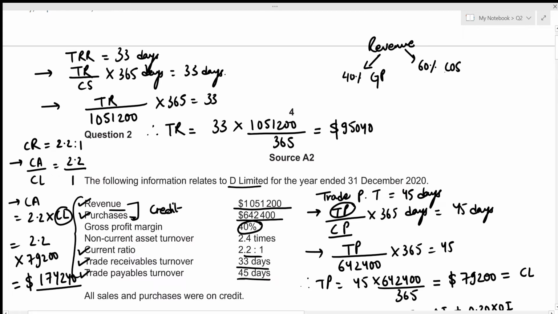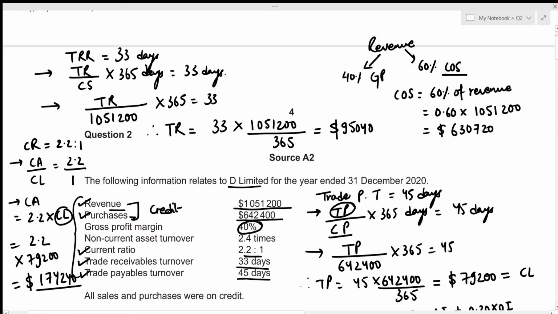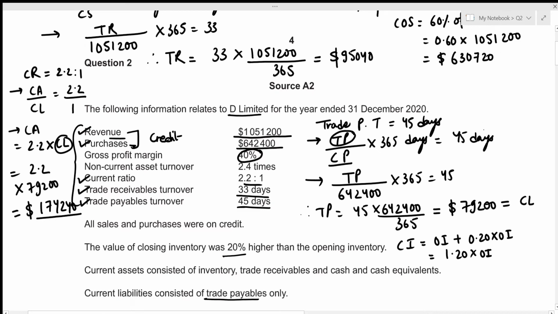So let's figure out our cost of sales because we are already given our purchases. So cost of sales is just going to be 60% of revenue. So that's 0.60 times the revenue of 1,051,200. This gives our total cost of sales to be 630,720.